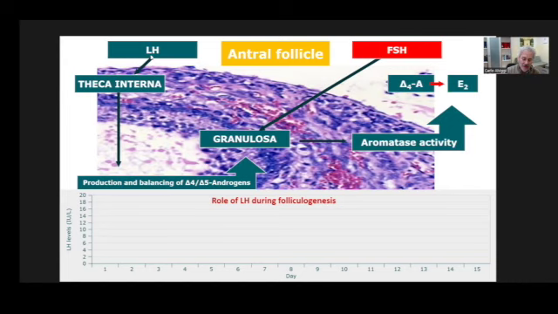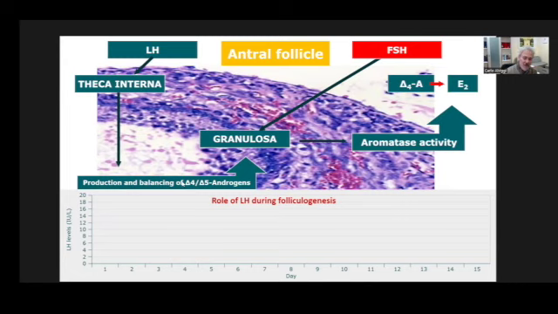According to this model, we have LH that continuously acts on theca cells. The theca cells are very important for producing androgens in the right milieu, in the right balance between different categories, classes of androgens.